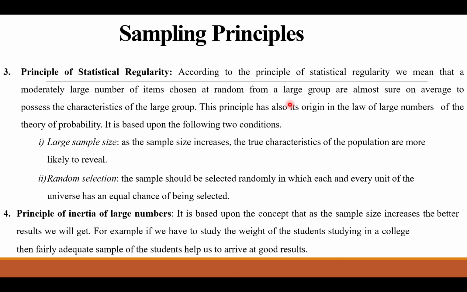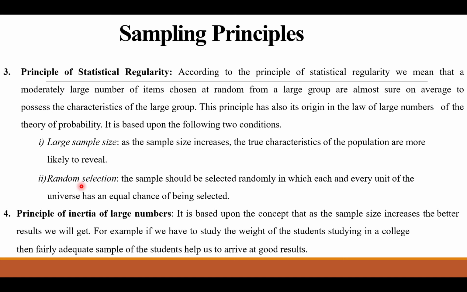Then the third one is the principle of statistical regularity. According to this principle, we mean that a moderately large number of items chosen at random from a large group are almost sure on average to possess the characteristics of the large group. This principle has its origin in the law of large numbers of the theory of probability.